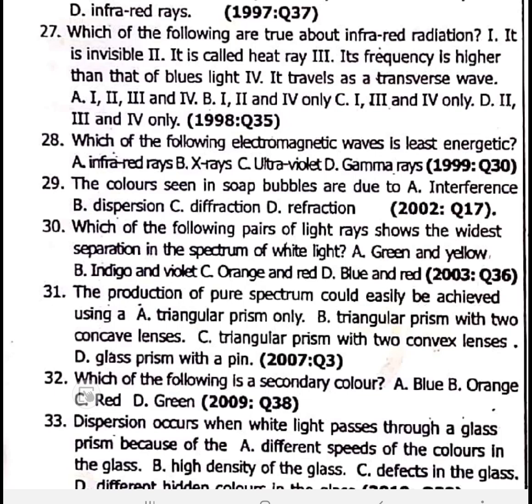In light, magenta equals red plus blue, cyan equals blue plus green, yellow equals red plus green. Then in paint, purple equals red plus blue, green equals blue plus yellow, and orange equals red plus yellow.